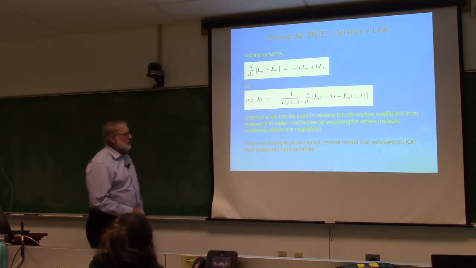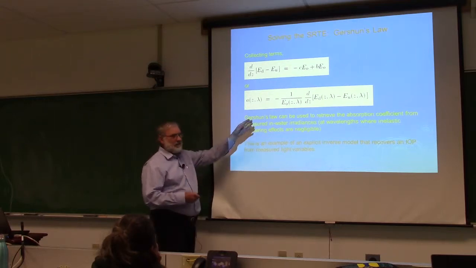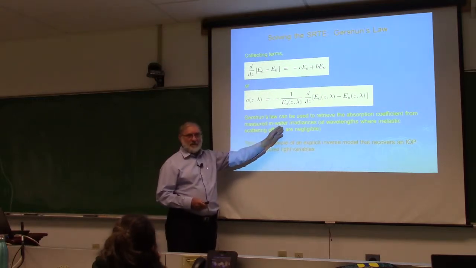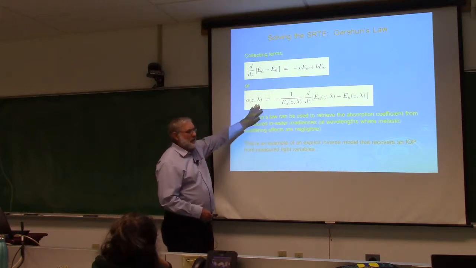So that's Gerson's law. Now what happens is if you have, let's say you're at 440 nanometers and Raman scattering's not too big and there's no chlorophyll fluorescence and so forth, this will work.